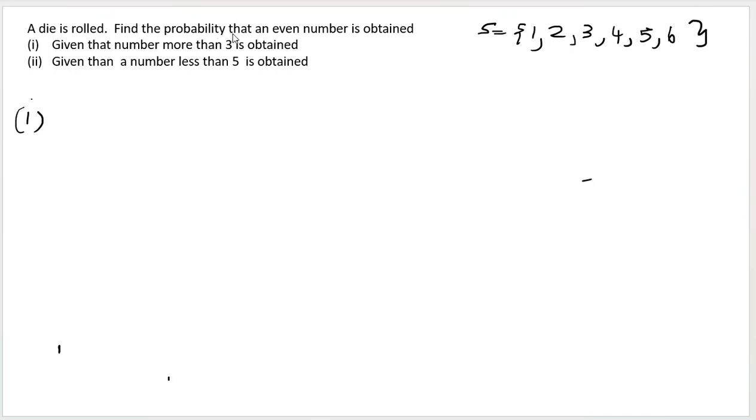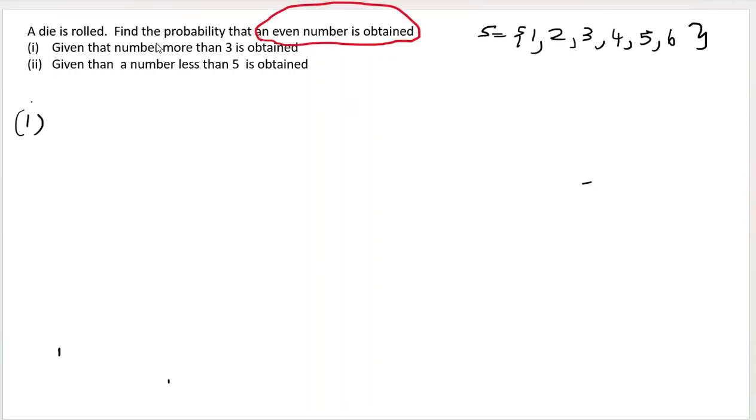If you observe carefully, one is that an even number is obtained and the other is that a number more than 3 is obtained. But one of these events has already occurred and it is clear which one it is. The event which appears after the word given is the event which has already occurred.